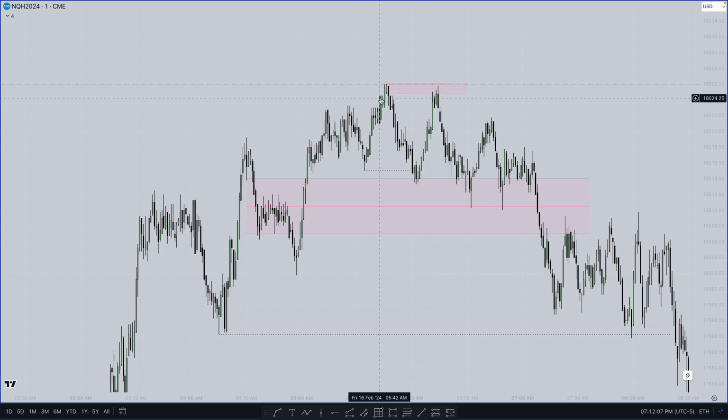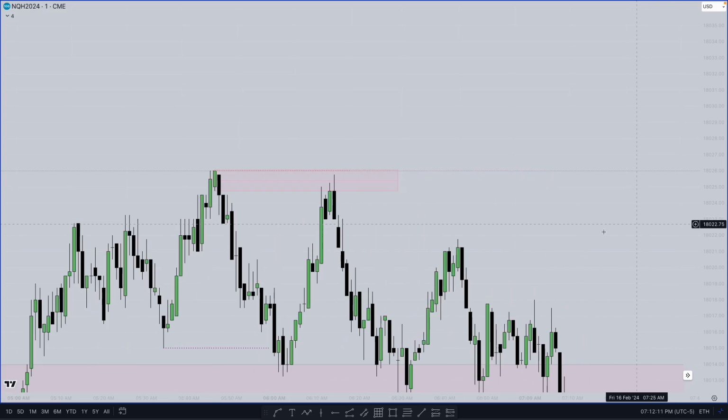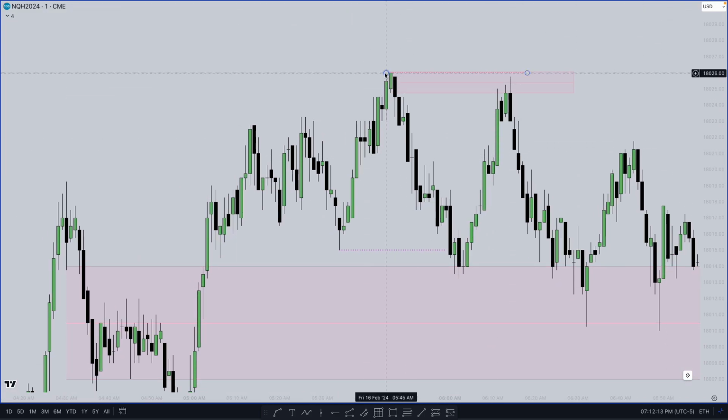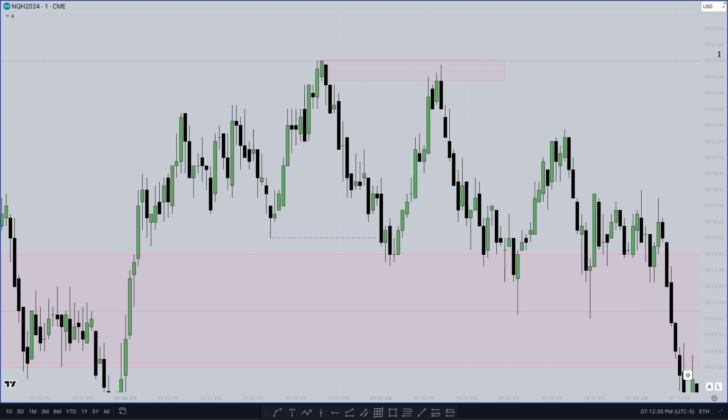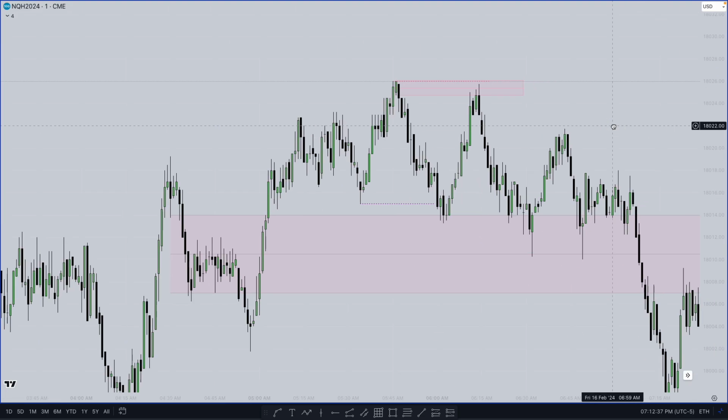Right there, if you want to zoom in and get really nitty gritty, on this wick price moved down, stopped, went up, and then the next candle started the sell off. So this singular candle was the last fractal up. What happened when we retested it?